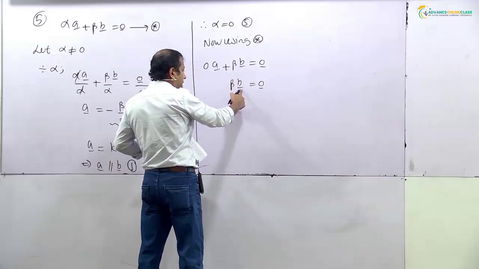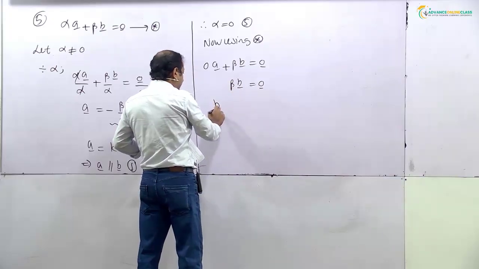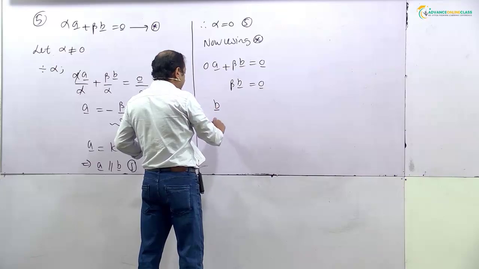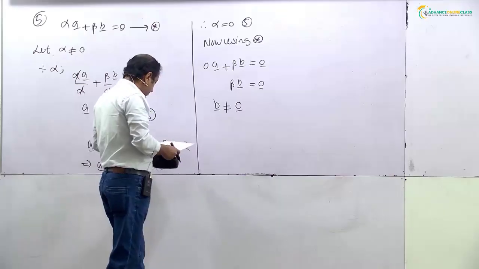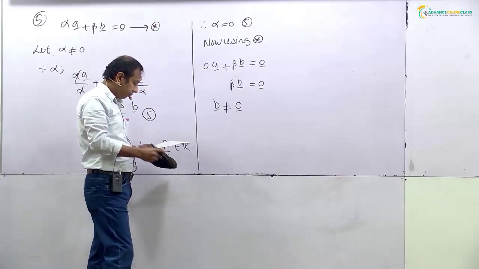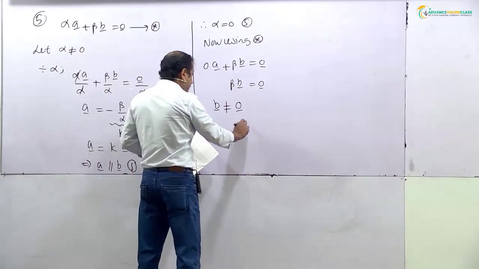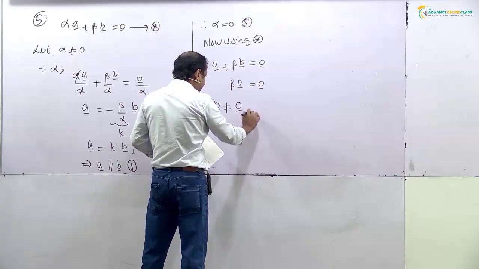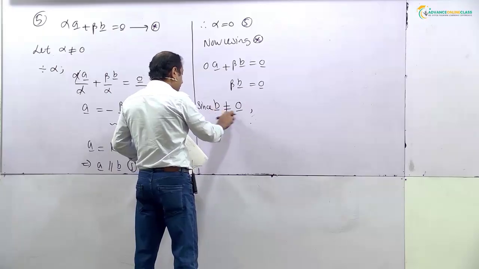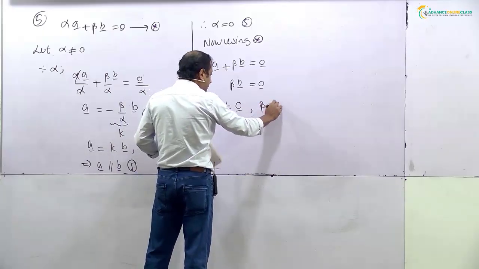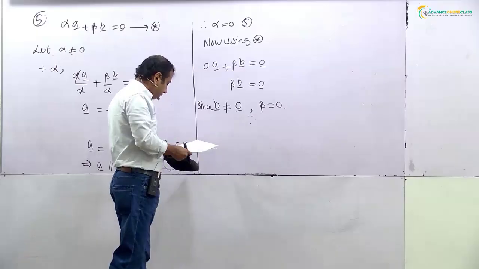Beta and B when you multiply, we get 0 vector. Since B is a non-zero vector, given that, beta should be 0. Since B not equals 0, this gives beta equals 0.